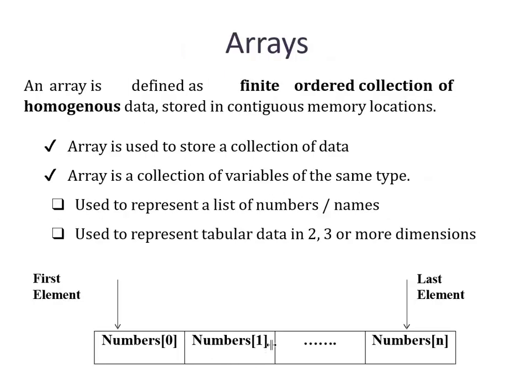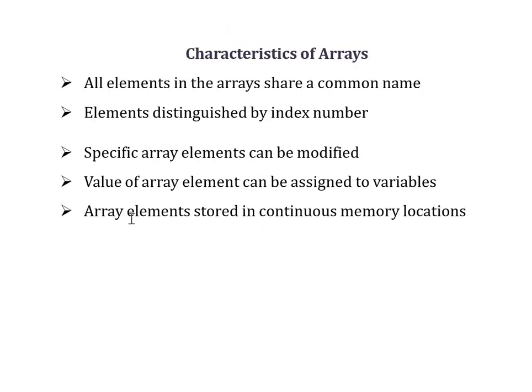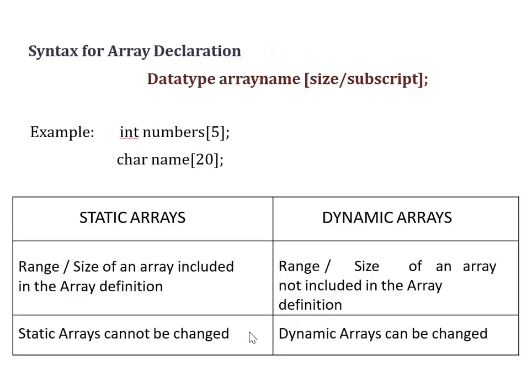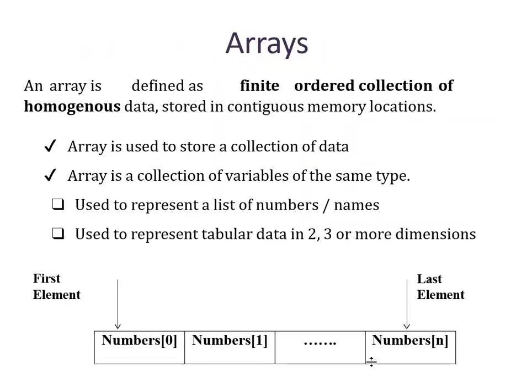It is possible to assign numbers of 1 to a single variable which is of a similar type to that of the numbers array, or numbers of 0. Like that you could assign any one of the elements to a variable. You can make it a unique variable. That is also possible. Array elements are stored in continuous memory locations, which means they are ordered and they belong to the same memory location.